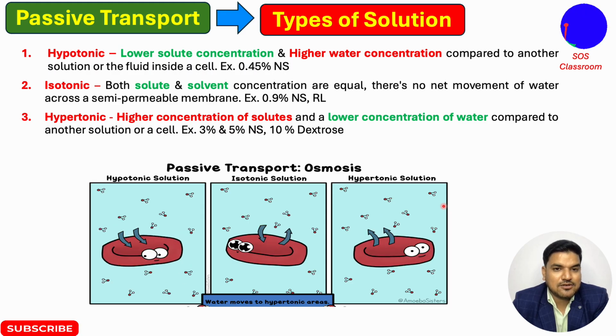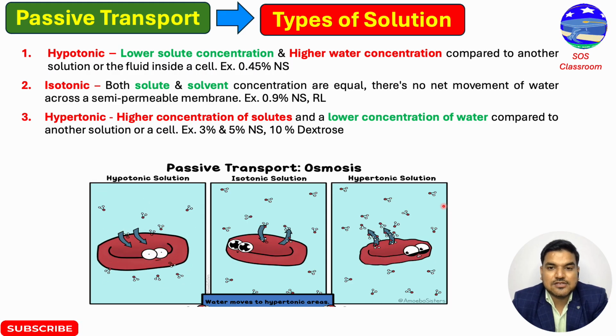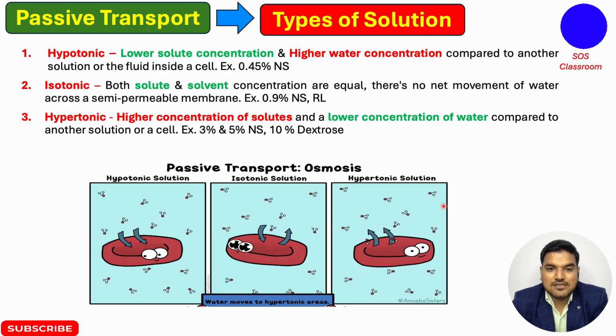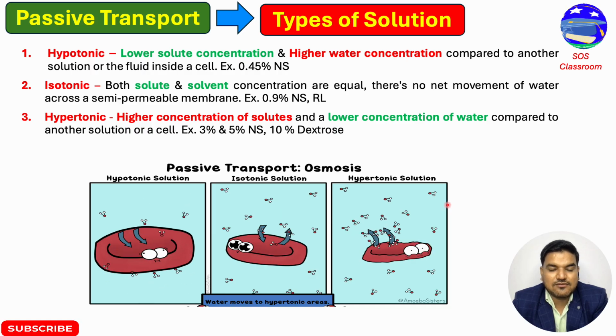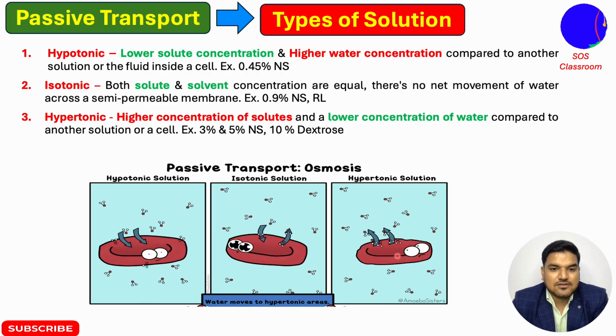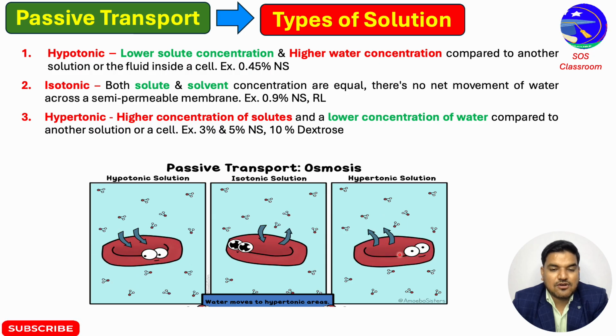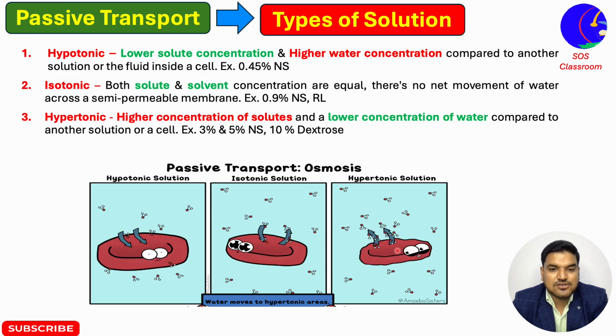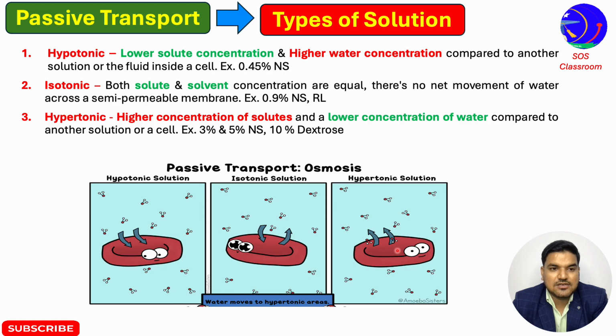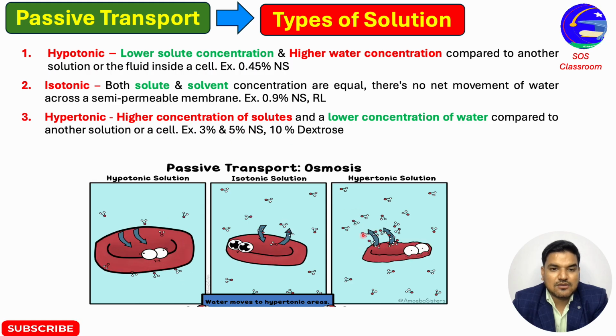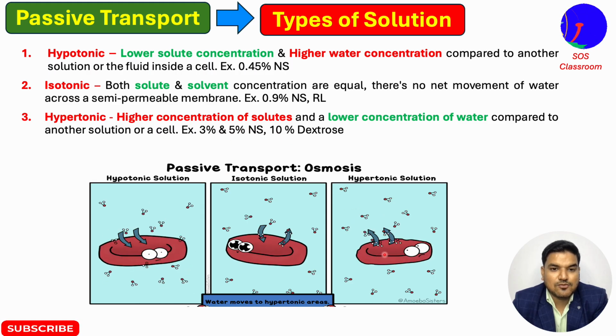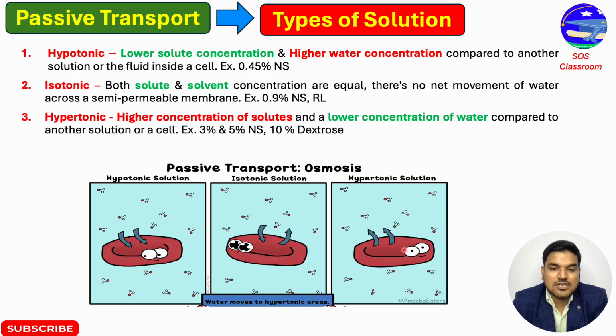So what is the meaning of hypertonic solution? A higher concentration of the solute compared to the solvent. Then what will happen? Bursting or narrowing, constriction of the cell, because of the higher concentration of the solute, then movement of the solvent outside the cell.